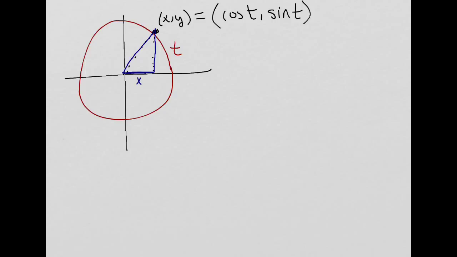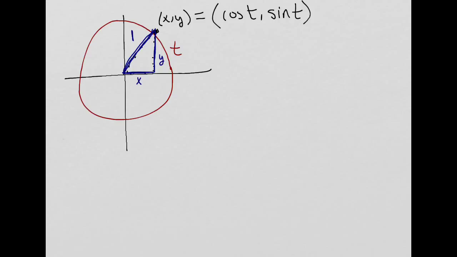It forms the base of a right triangle. And this height is distance y. Forms the height of a right triangle. And being that this is a unit circle, that hypotenuse has length 1.